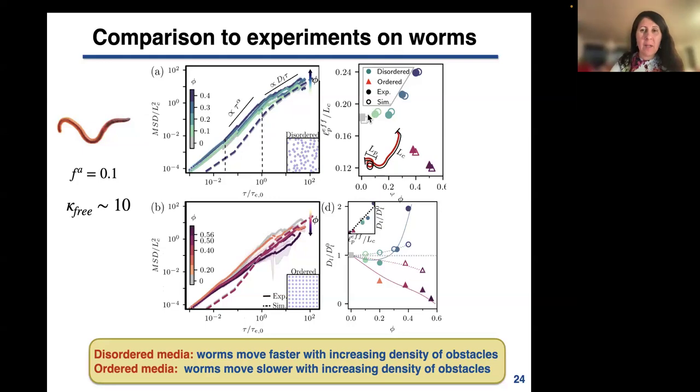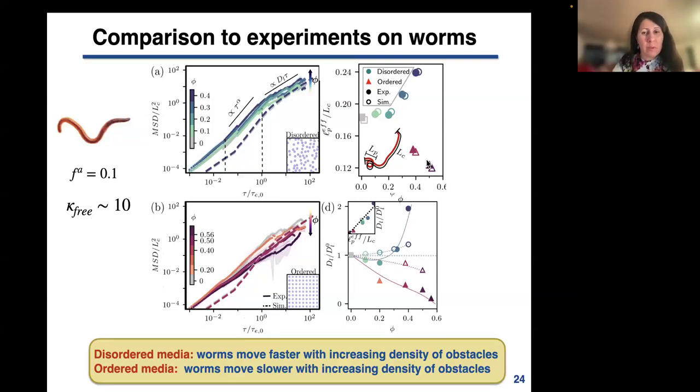What we see is that the persistence length of the worms is increasing in disordered media with packing fraction, whereas it is decreasing with packing fraction for ordered media. And this is not a behavior we can capture by theory. It seems, at least for now, for this simple naive model, to be a biological effect that somehow they dynamically adjust their bending stiffness.